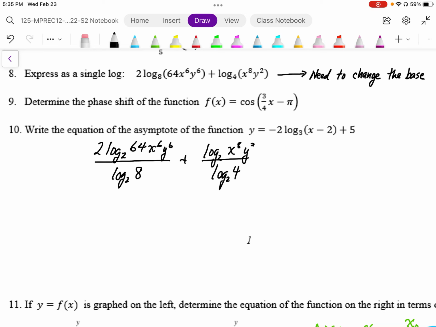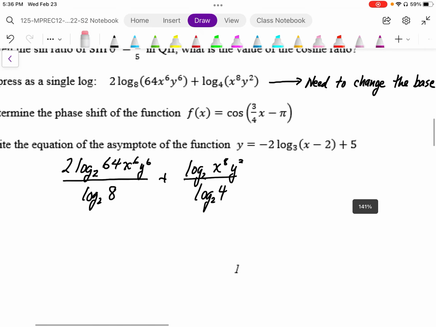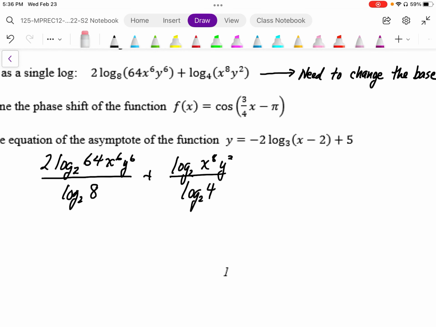Now, there is a property where I could have square rooted the base and the arguments, and as long as I did it the same, that would have given us the equivalent log expression with base 2. But in this case, it's just easy enough to change the base, and I can evaluate the denominator logs because they are base 2 numbers.